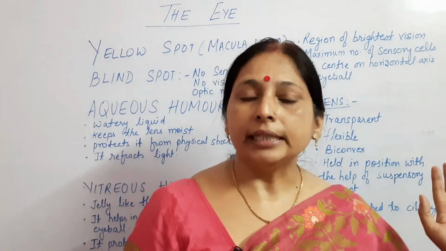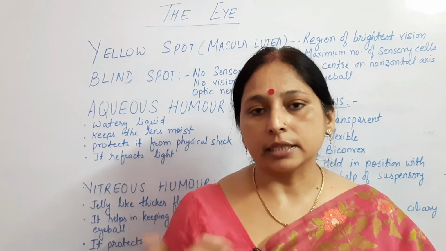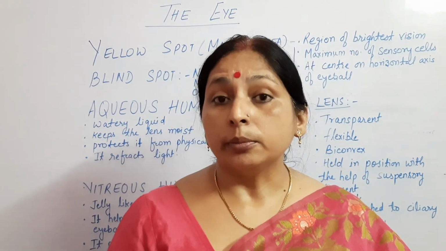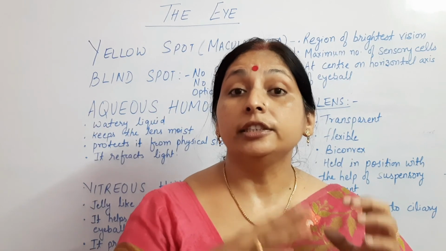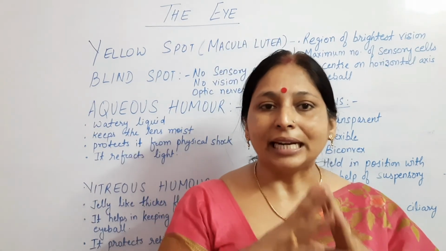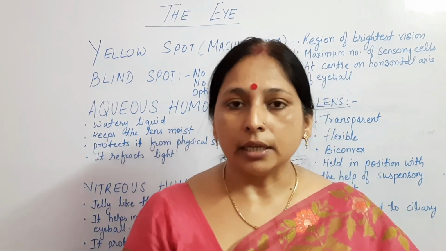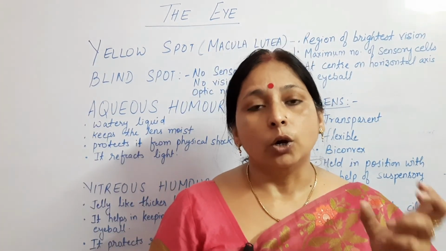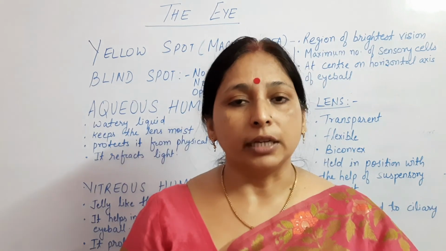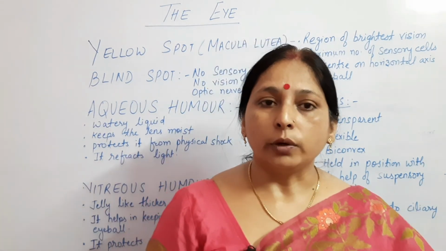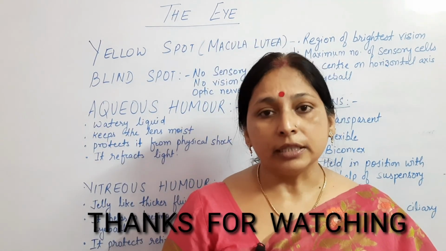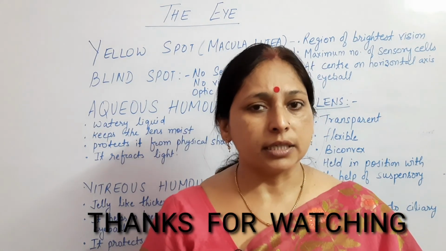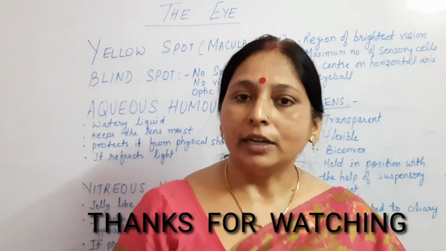Near and distant objects we have already discussed, but also the defects of vision and the type of correction, what we can do to correct the defects, because questions are asked from that section too. All this we will discuss in the next class. Hope you have understood the terms.